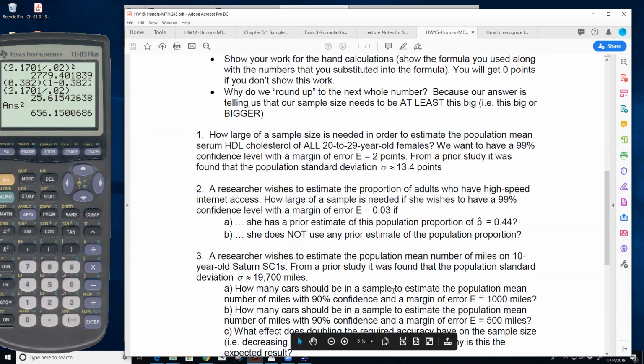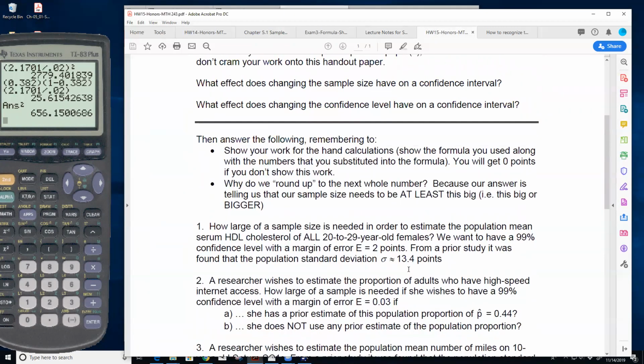Hopefully, how many cars should be in the sample? So really notice how different these questions are from everything else. And up here at the top, just a reminder, show your work for the hand calculations. 0 points if you don't show your work. Also, pretend someone asks you, now why are you rounding up for?